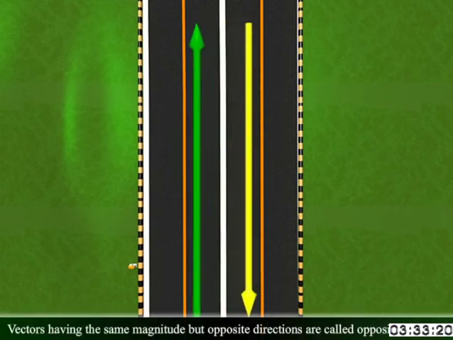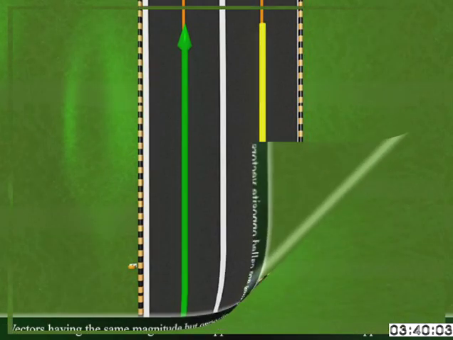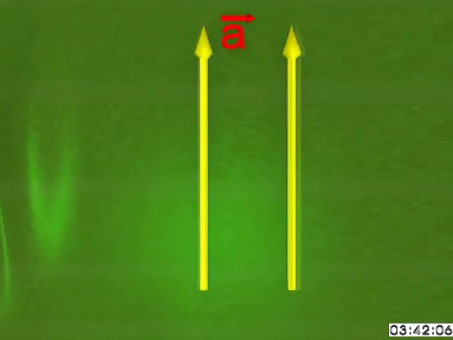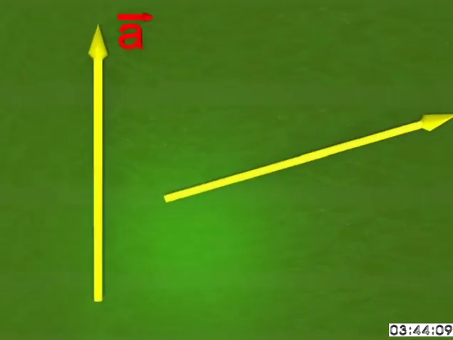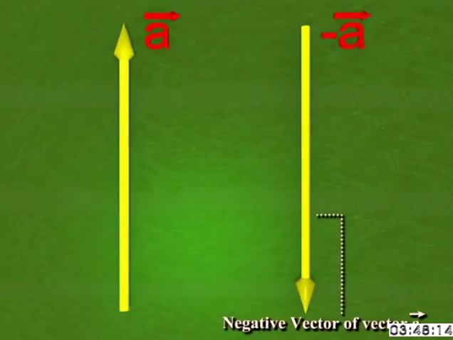Such vectors having the same magnitude but opposite directions are called opposite vectors. Every non-zero vector has exactly one opposite vector to itself, which is denoted by the negative of that vector.